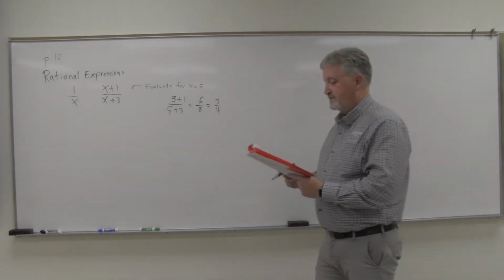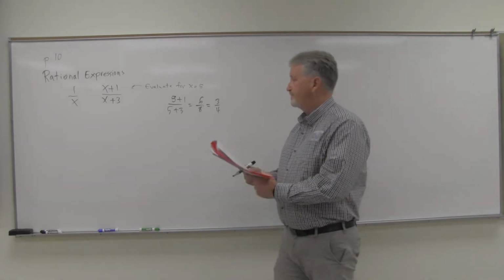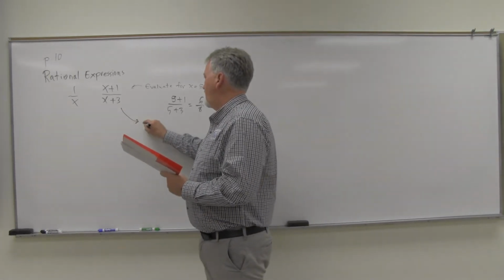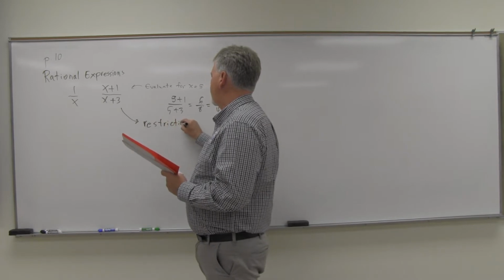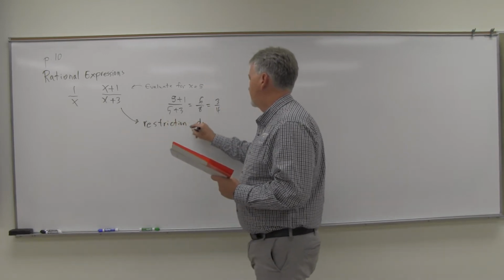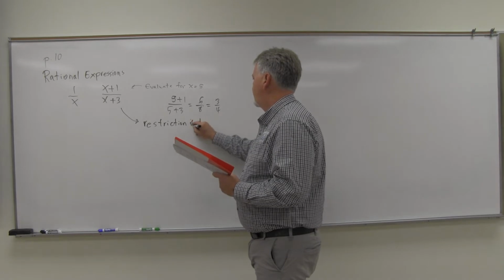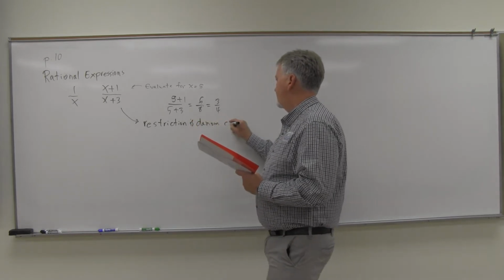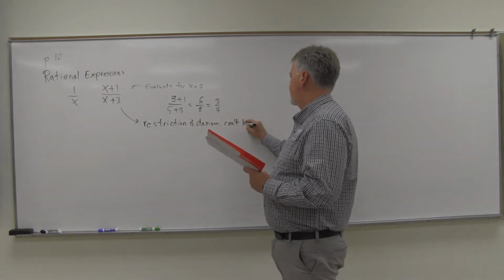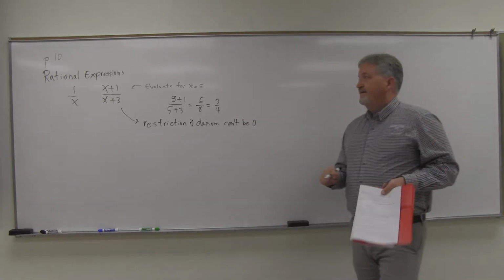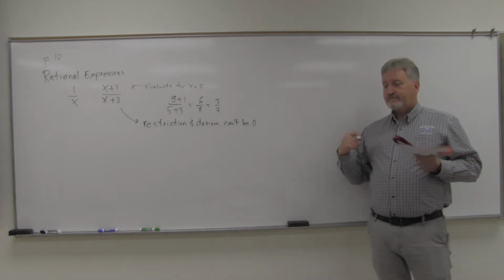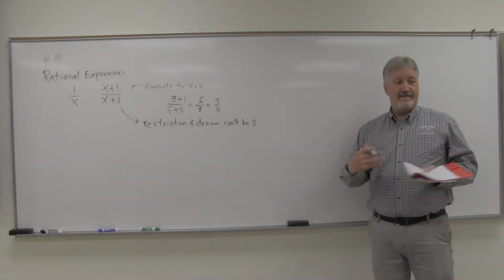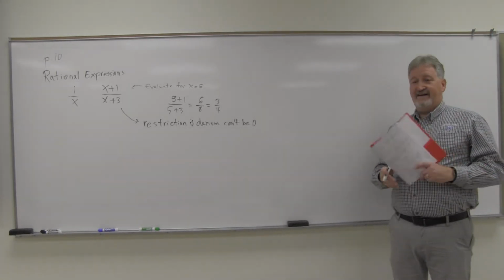So C mentions there the restriction is that the denominator can't be 0, because if you have a denominator of 0, that's dividing by 0, and try that on your calculator, that isn't going to work out.